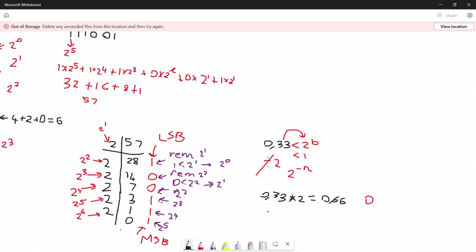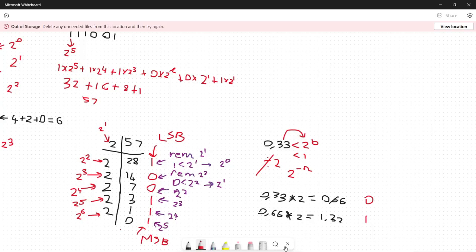So, 0.33 times 2, 0.66 times 2. Well, that's going to give us 1.32. And you notice that this number is greater than 1.